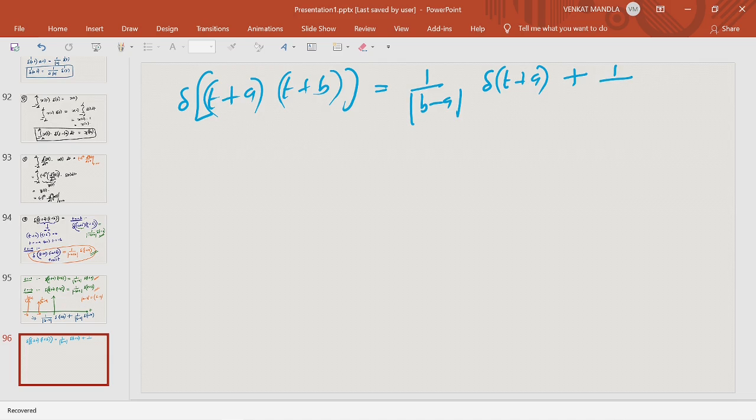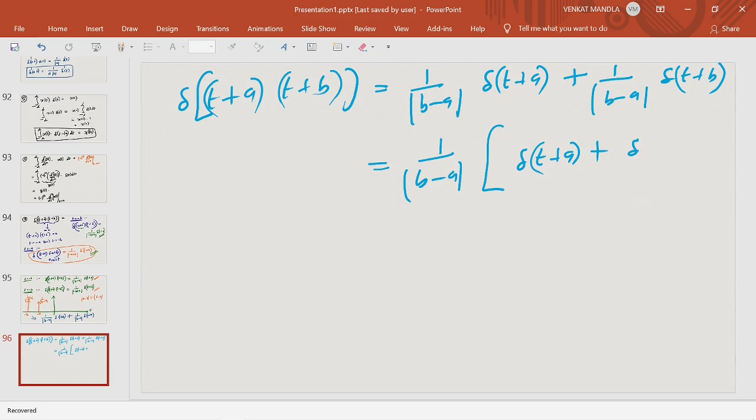Anyway we are doing mod, so we can write 1 by mod b minus a into del of t plus b. So you can bring common 1 by mod b minus a, del of t plus a plus del of t plus b. Okay, right.